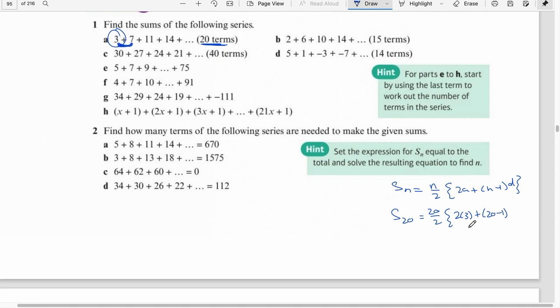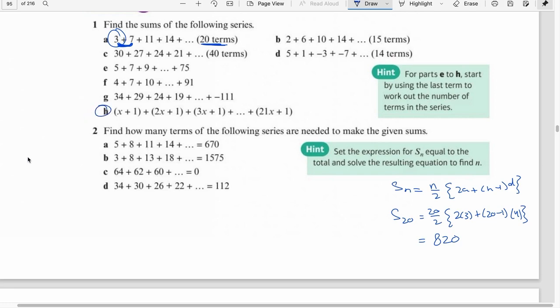The difference is 4. Using the machine: 2 into 3 plus 19 into 4, times 20 divided by 2, and the sum is 820.